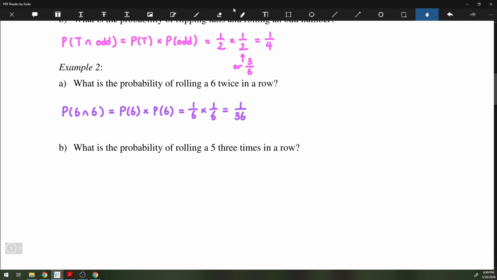What if we roll 3 dice? Sorry, rolling a 5 three times in a row. So that will be 5 and 5 and a third 5.